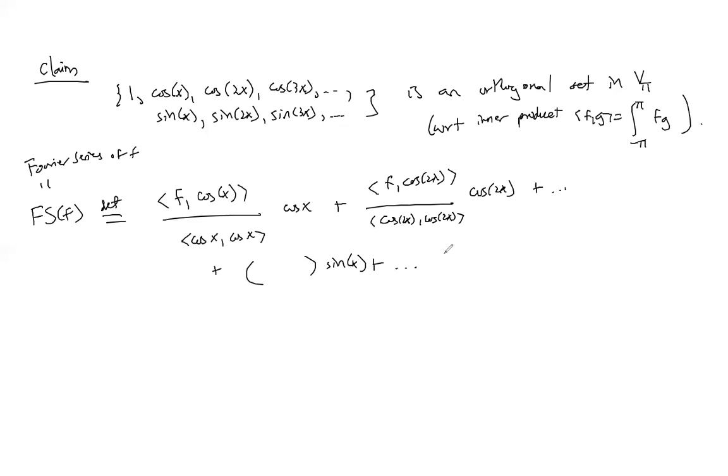Right, so it's easier to wrap this up into an infinite sum. So you're going to get a big sum over cosines. So I'm going to sum over the integers. Actually, typically you sum over the natural numbers, right, so I will say n is 0 to infinity.